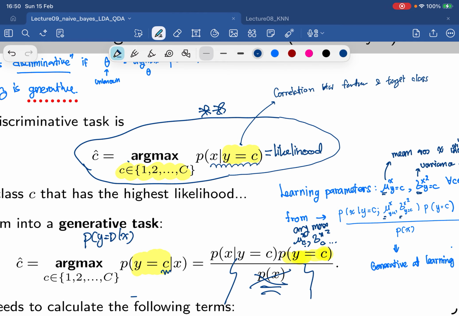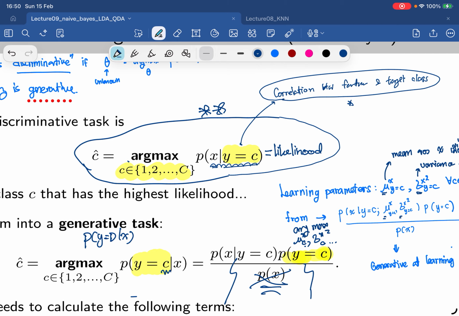Because if your target class can somehow be guessed by your feature, then of course you can use it, right? That is something that I asked you to try to perform.